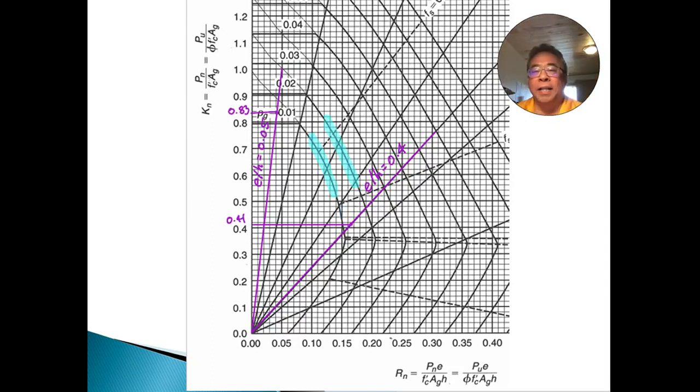Those are the 1 and 2% lines. And so all I tried to do on this purple line here, I just eyeballed 30% from the 1% line up to the 2% line. And I thought I saw that point right there.